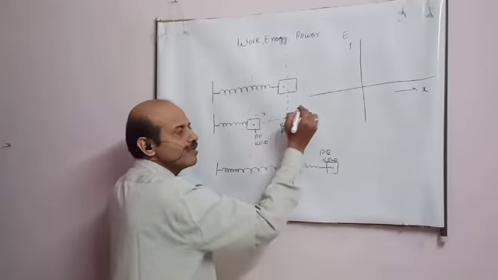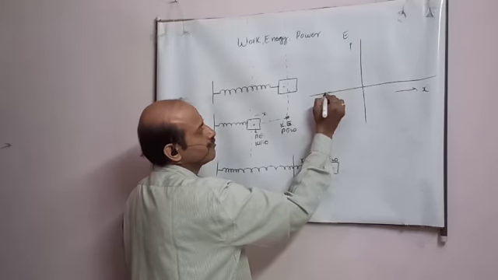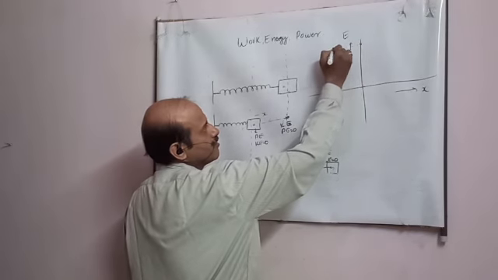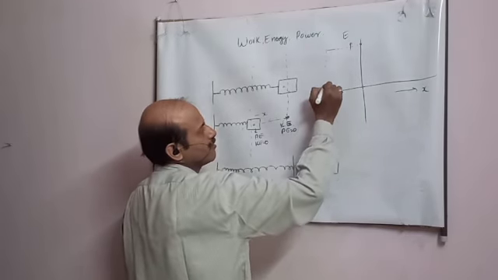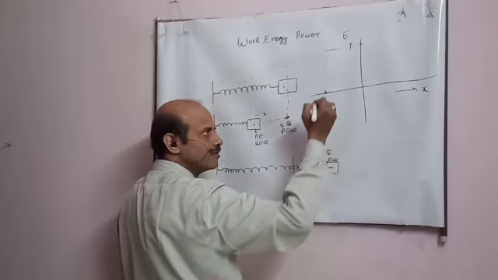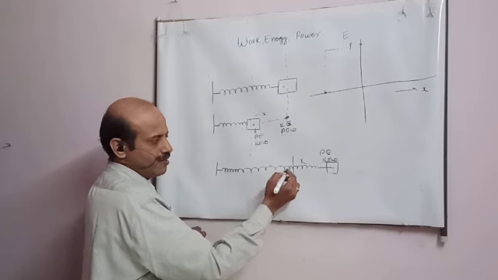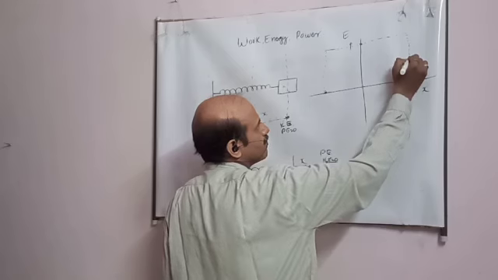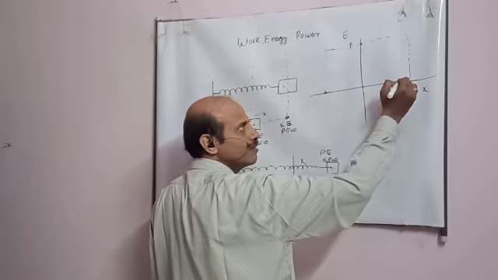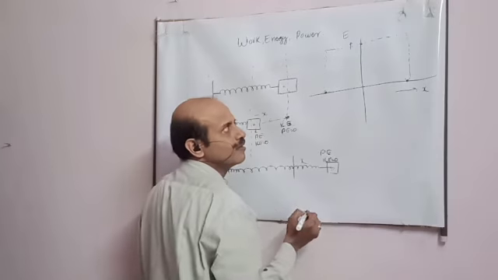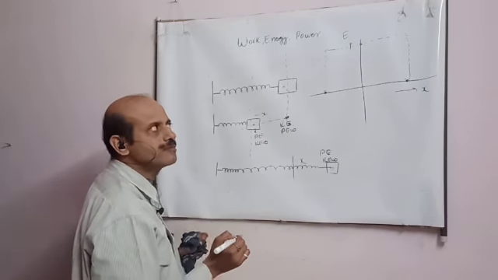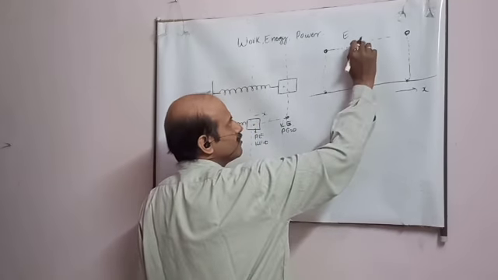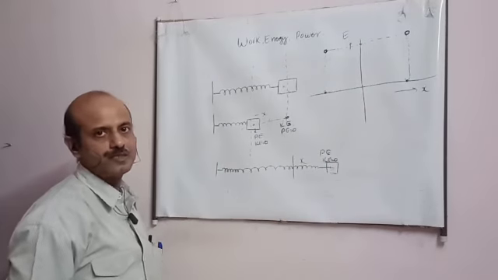So student, here at minus x the energy is potential. And again, student, when it is here, at plus x, this is the energy it has. Potential energy is maximum at the extreme.